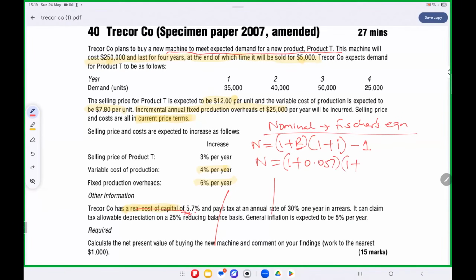Don't use these increases here. You're given here general inflation is expected to be 5%. I is general inflation. So are you able to give me this N pretty fast, ladies and gentlemen, by saying 1.057 times 1.05 minus 1? Whatever you get, you give me an answer, my good students.